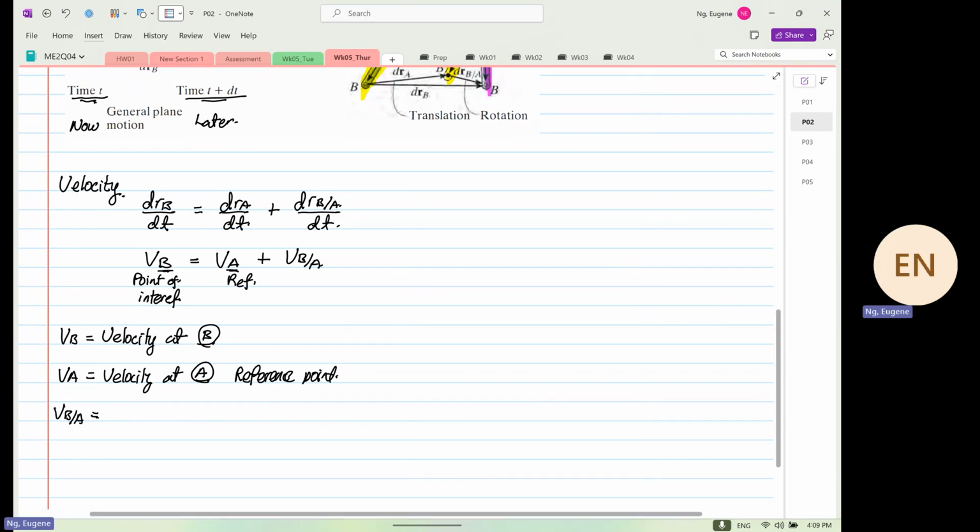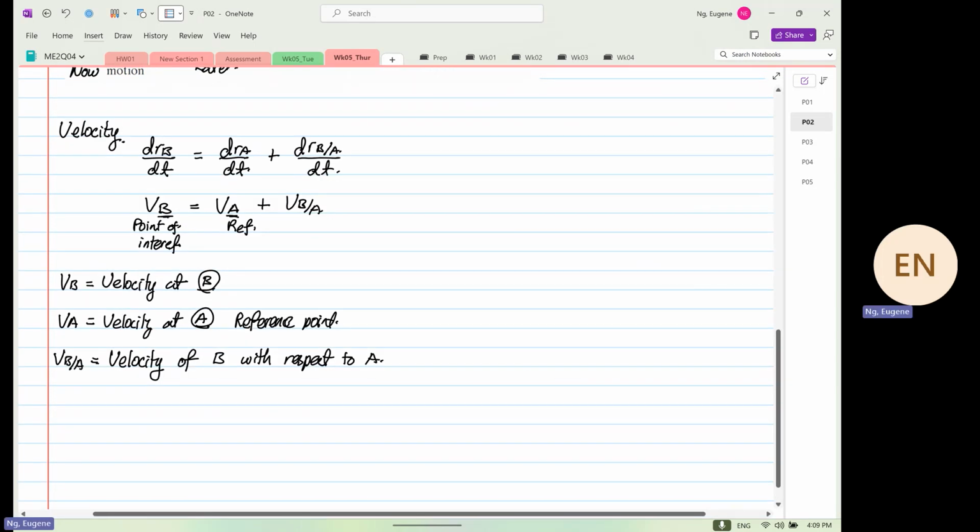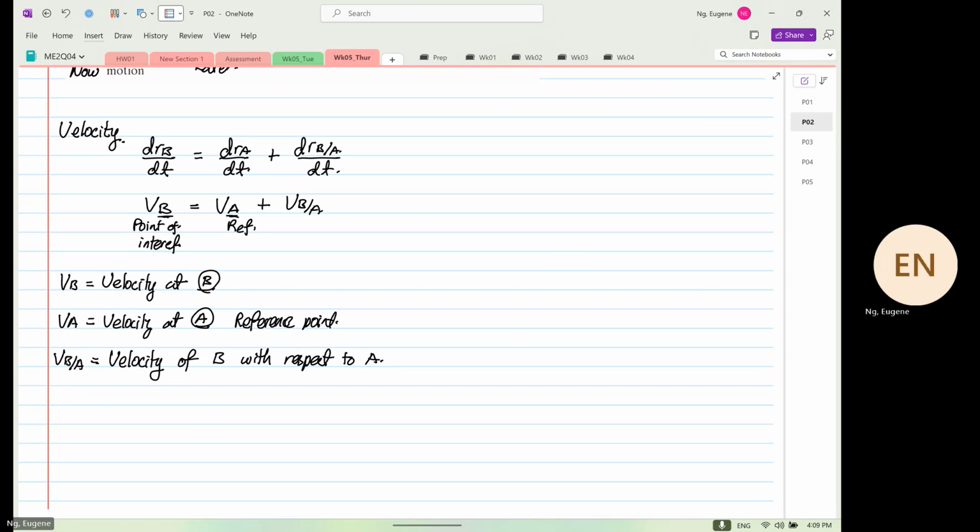So this is the velocity of B with respect to point A. Okay. So the last term over here, VB over A. Oh, I did VB over A already. Okay. So this expression over here, VB equal VA plus VB over A. All right.